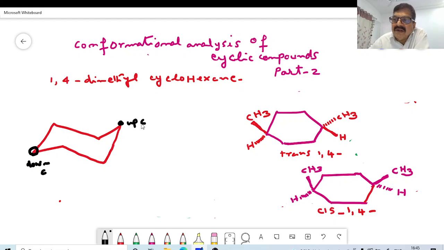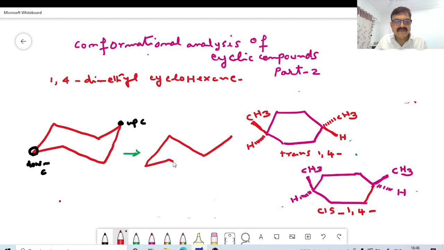Now on a down carbon, we have seen the axial group will be down, and on an up carbon, the axial group will be up. Okay, so now how will you draw? The simplest conformation we can show will be trans. Let us see now how the trans isomer will be. So now we will have to draw the groups here. Roughly I will draw like this.